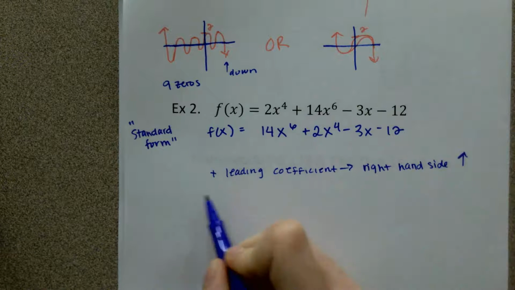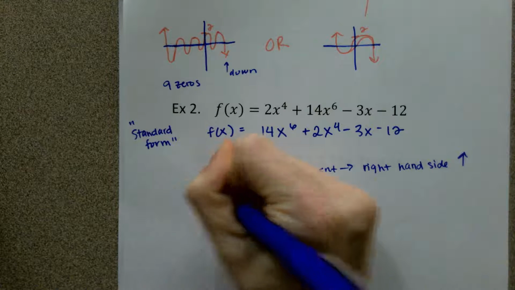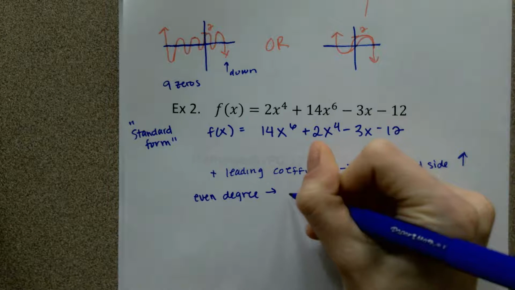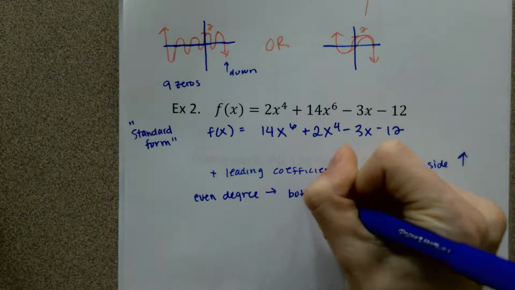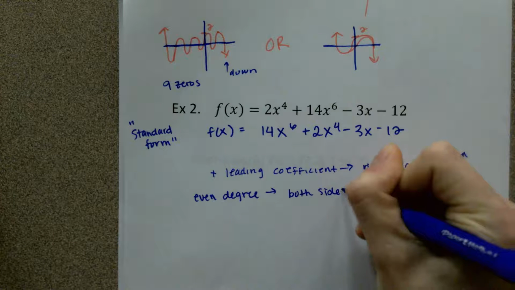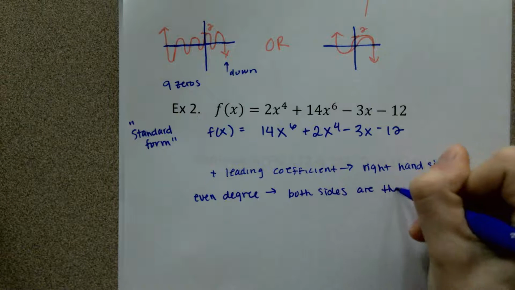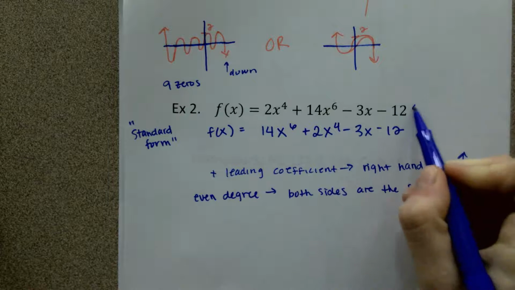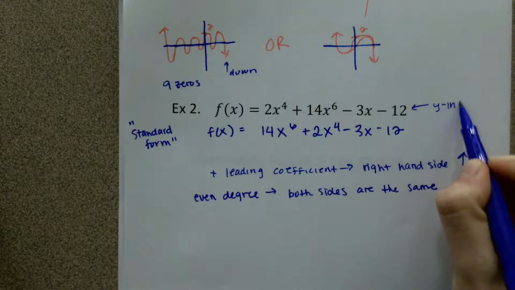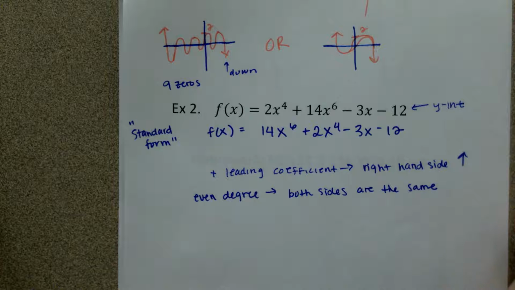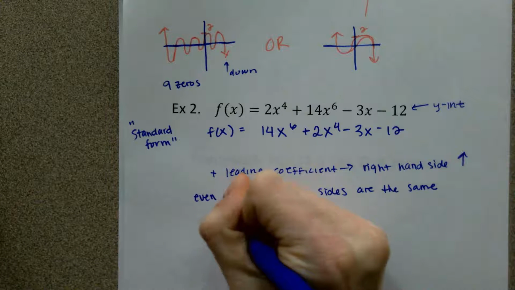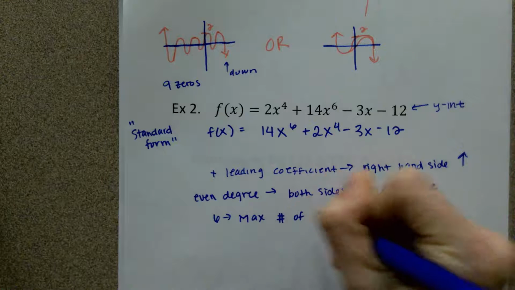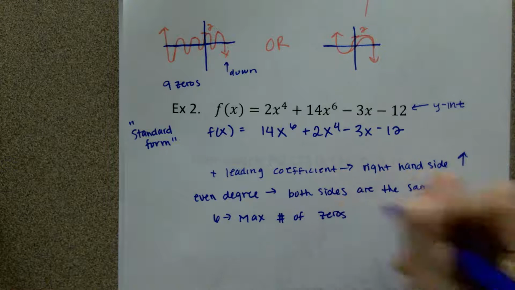We have an even degree, so both sides are the same. Okay, and negative 12 is my y-intercept. 6 is my max number of zeros.